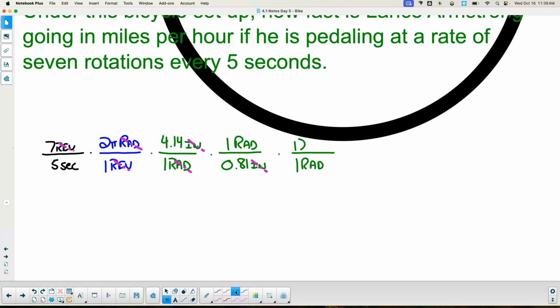The radius of the bike tire was 12.8 inches. Inches per second now needs to be converted into miles per second.